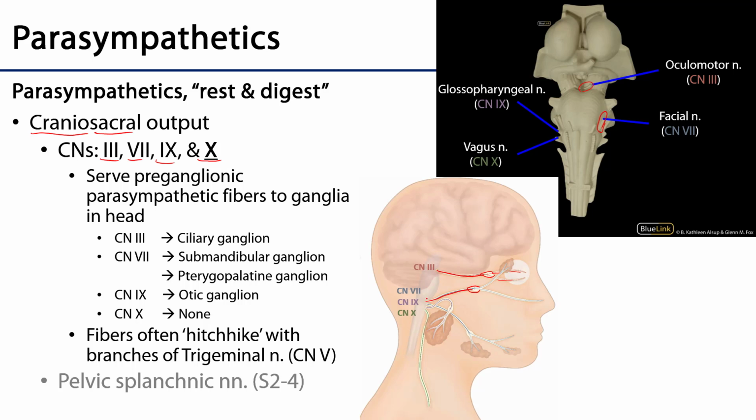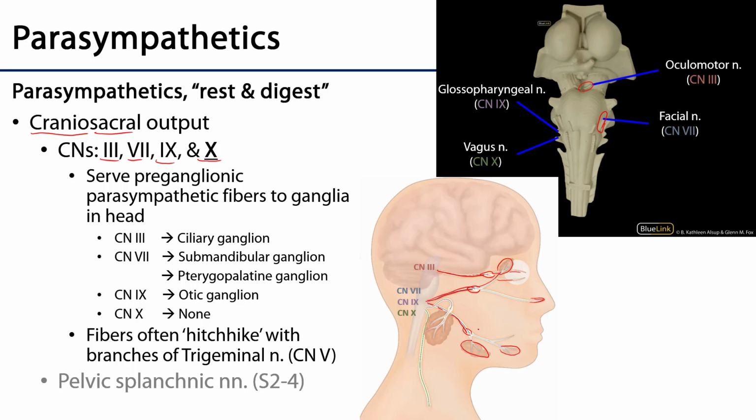So those preganglionic parasympathetic fibers synapse in that ganglion, and that ganglion is going to serve the lacrimal gland for secretion, as well as the glands of the mucosa of the nasal cavity. 7 also is going to provide the preganglionic parasympathetic fibers out to the submandibular ganglion, which is going to serve the submandibular salivary gland as well as the sublingual salivary gland.